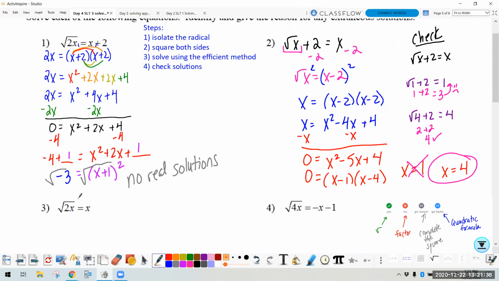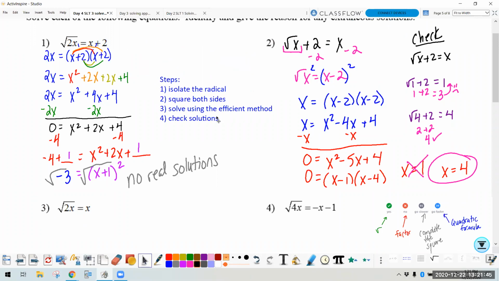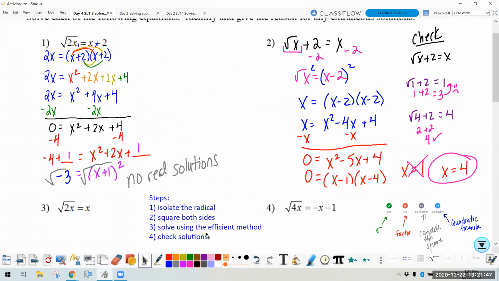So in the 9 minutes we have left, I want to definitely do number 3. If you have any questions on 2, send them to me. If you don't, go ahead and move on to number 3.